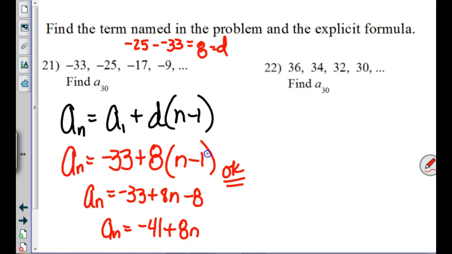You can leave it like this when it says explicit. We still haven't found the 30th term, though. You can put a 30 in here or down in here. So it would be negative 33 plus 8 times 30 minus 1, or 29. What did you get? Positive 199.